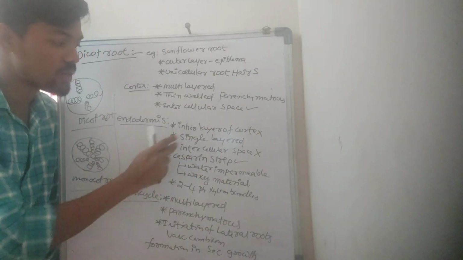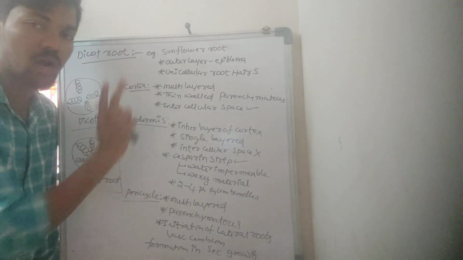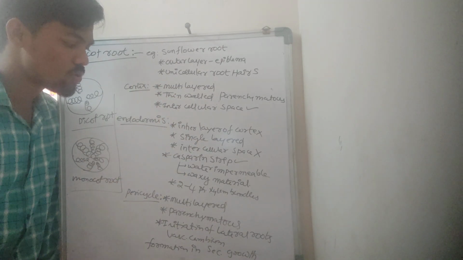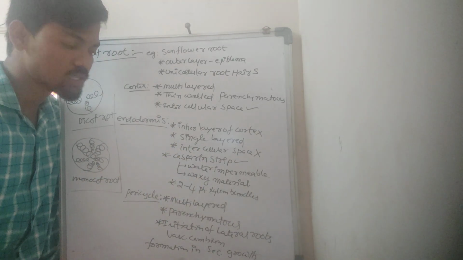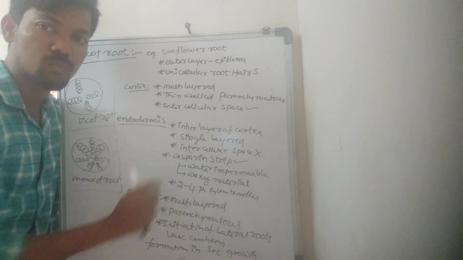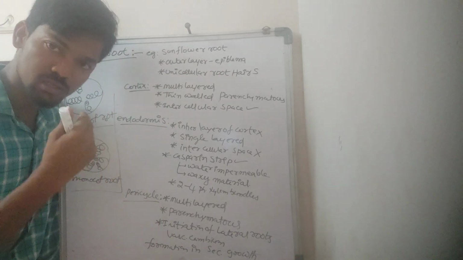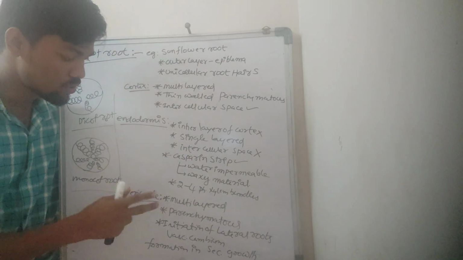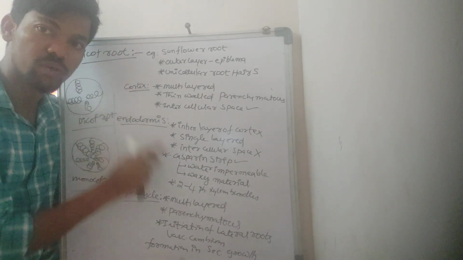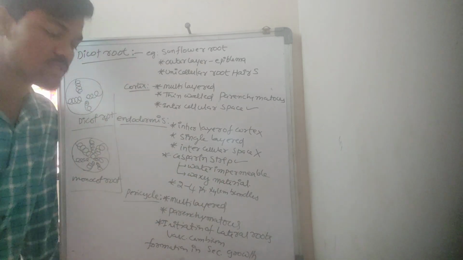Intercellular spaces are not present, opposite to the cortex. In the endodermis there are Casparian strips, which are water impermeable; they do not allow water into the structure. It is a waxy material. In the dicot root we find 2 to 4 bundles of phloem and xylem.